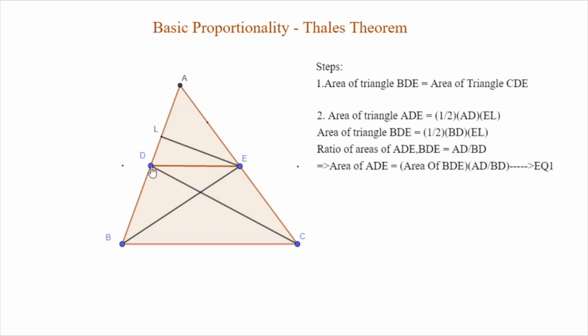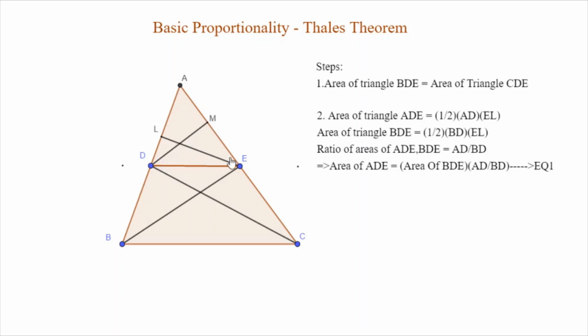Let us draw a perpendicular from D to AE, which is like this, and let it be M. So here again, DM is the same height for both ADE and CDE. So the height will be DM.